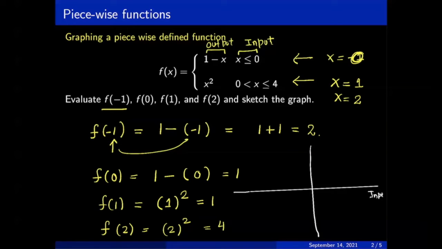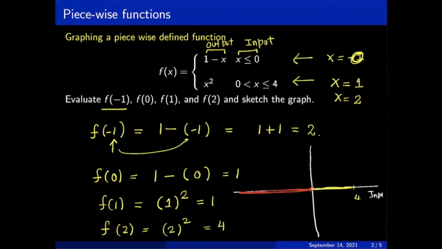One row of the input variable is when all the values of x are less than 0. And another row is all the values of x between 0 and 4. Let's suppose this is 4 here.